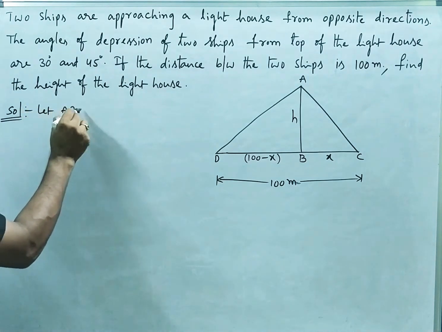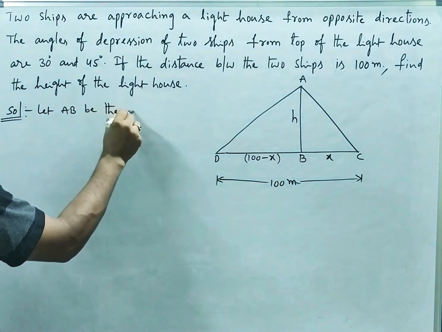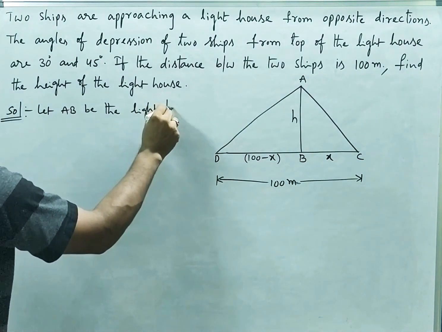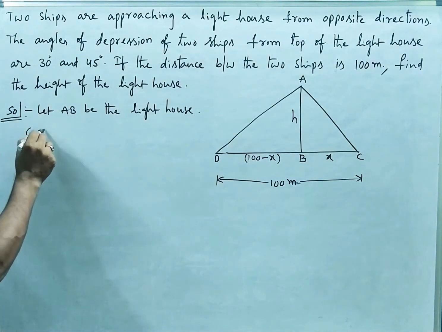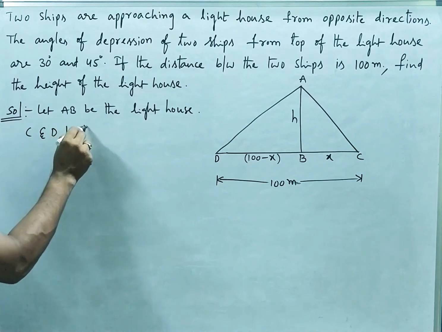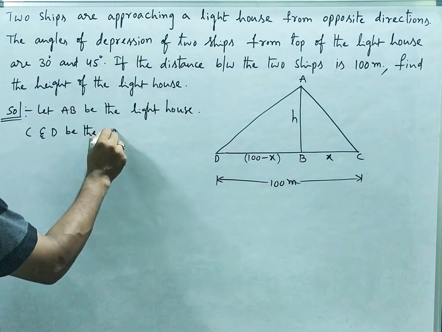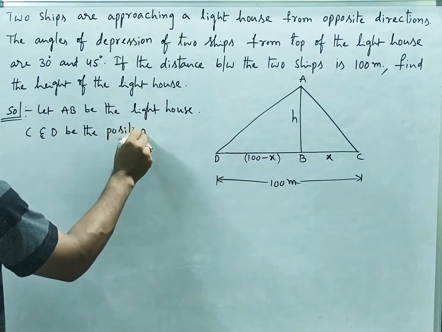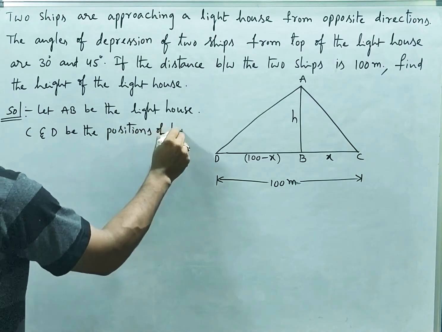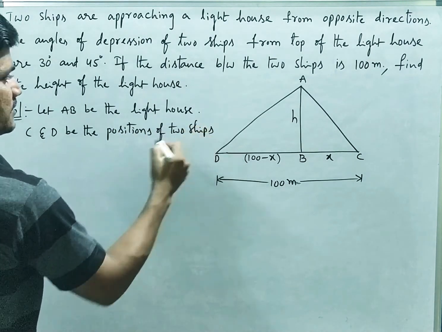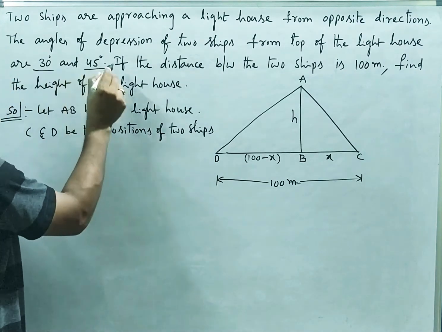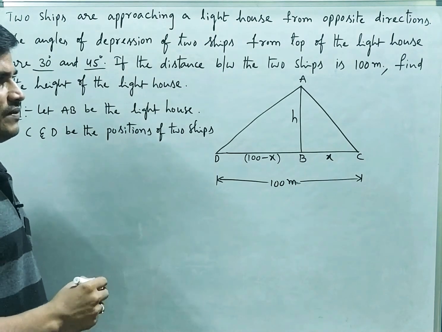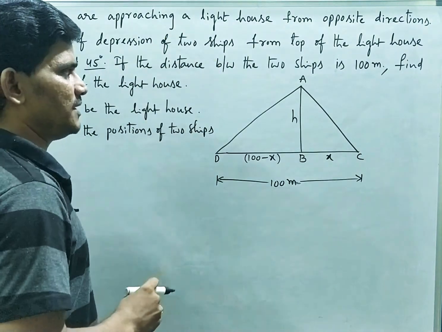Let AB be the lighthouse, and C and D be the positions of two ships. And one more thing, these ships are making angles of depression of 30 degrees and 45 degrees from the top of the lighthouse.